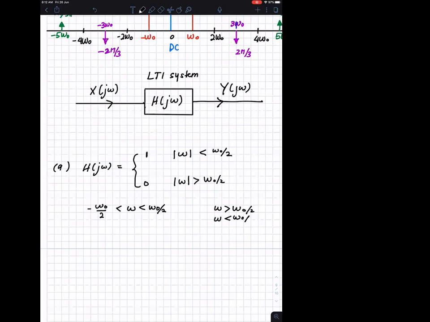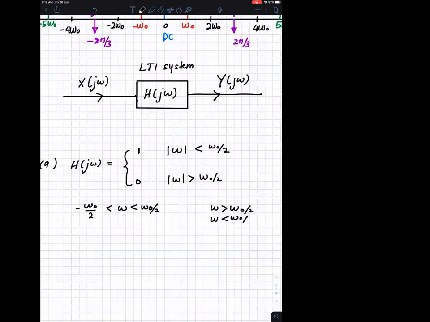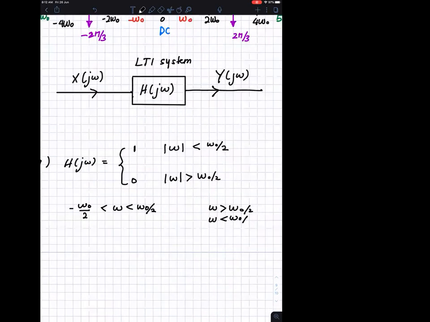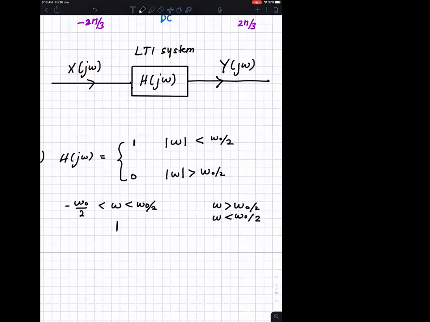Something's happening here. It doesn't write around here. I don't know why. So the filter, in this range, it's 1. It's removing all the signals in this range.